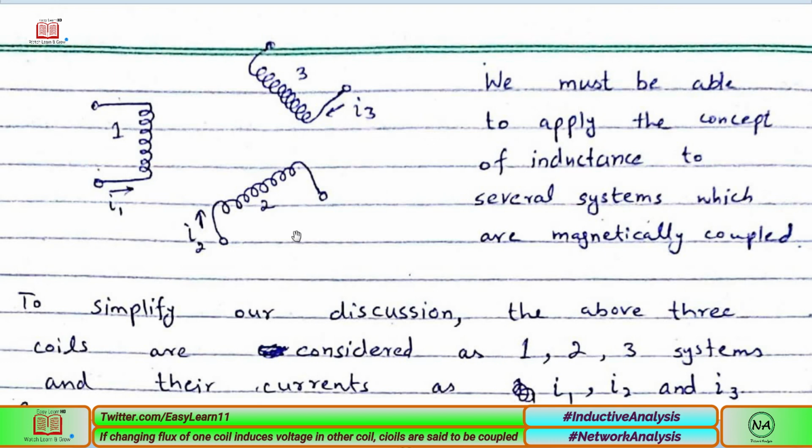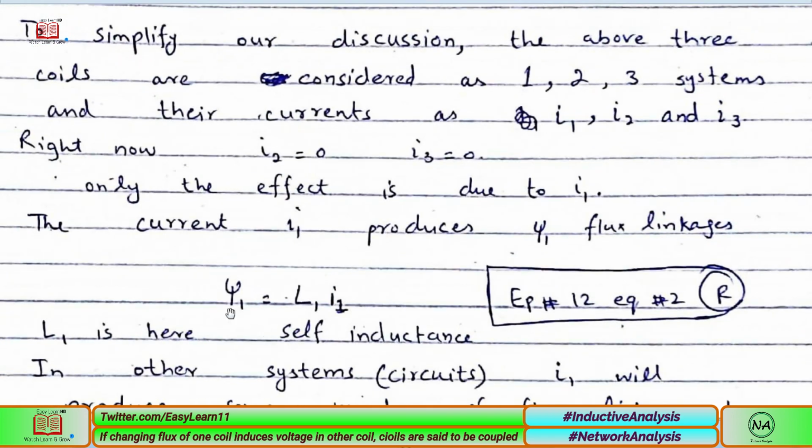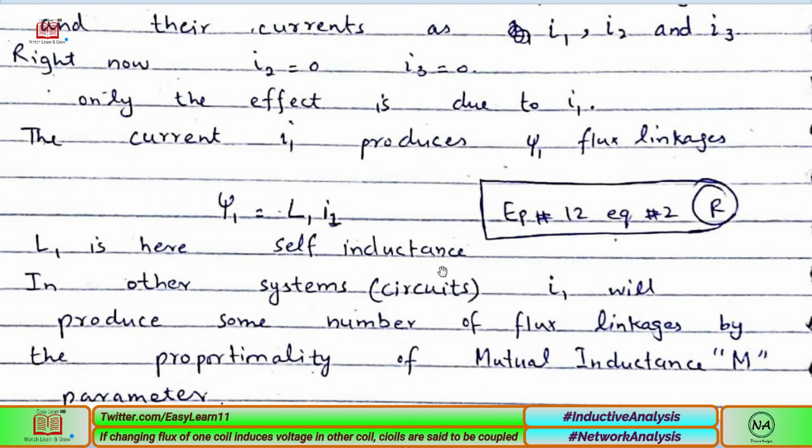Like here, if the flux is introduced in coil 1 due to current 1, we call it L1. So the flux linkage equals L1 I1. The subscripts 1 1 1 represent the current I1, the flux, and the flux linkage 1 of circuit 1. L1 is here for the self inductance.